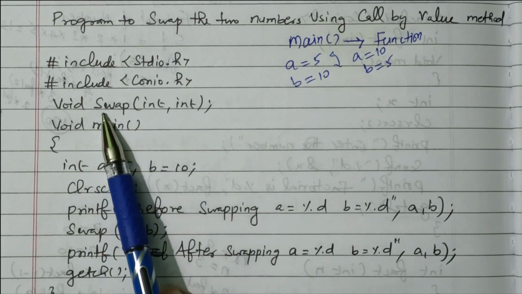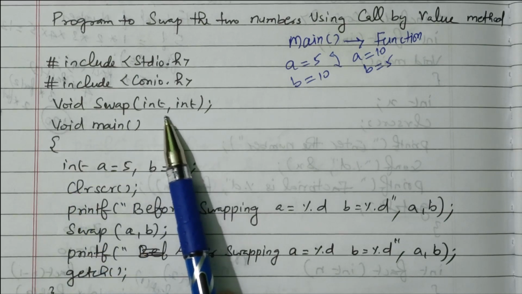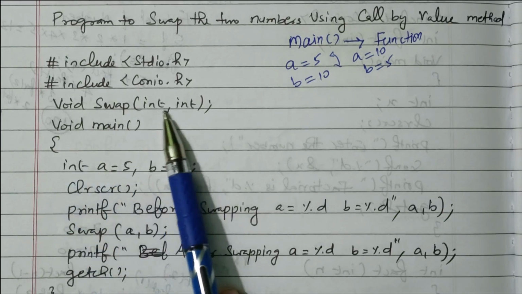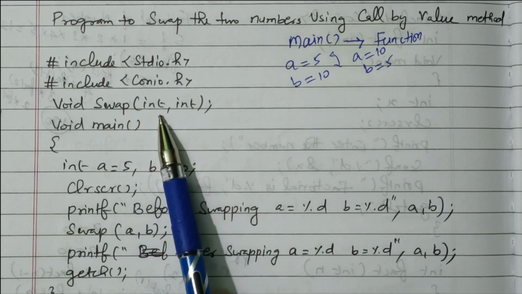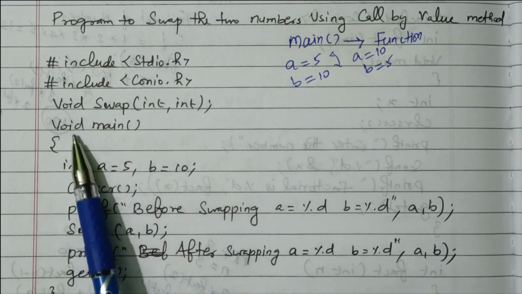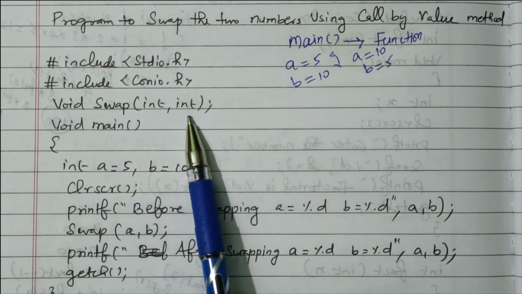Here the name of the function is swap, the return type is void, so it will not return any value. We are sending 2 parameters, 2 integer type data. So this is the function declaration. We are declaring the function with the name swap, which needs 2 integer variables to be passed. It will not return any value. So it gives the details about the function name, return type and argument types.